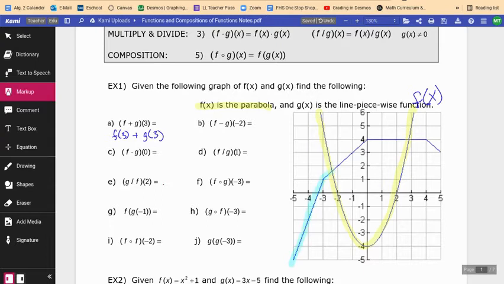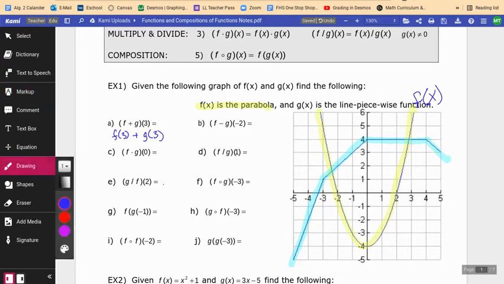So this in light blue is g of x. It just gives our two graphs a name. So for part A, if I'm finding f of 3, remember all these things are ordered pairs.